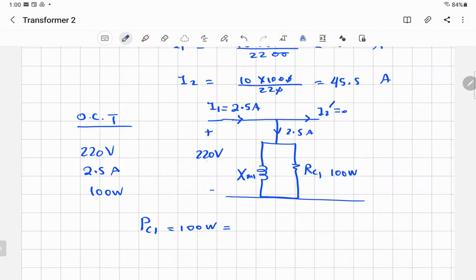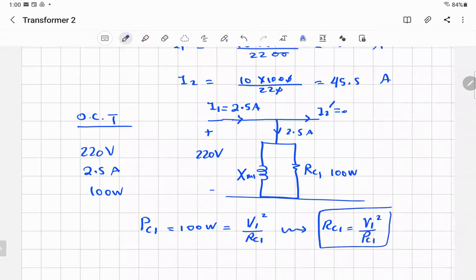So I'll say it's equal to V1 squared over RC1, all 220 volts across RC1. Accordingly, I can find RC1. RC1 will be equal to V1 squared over PC1.